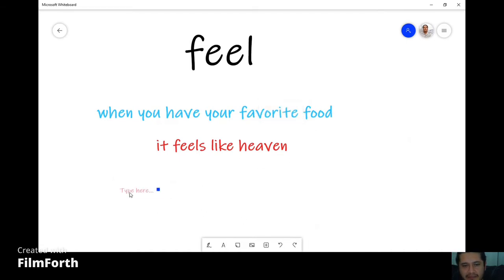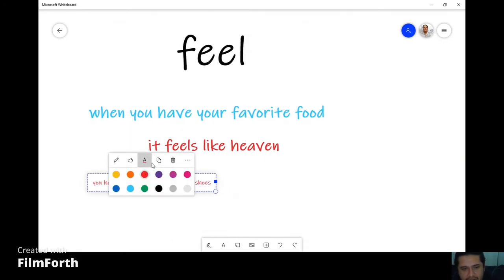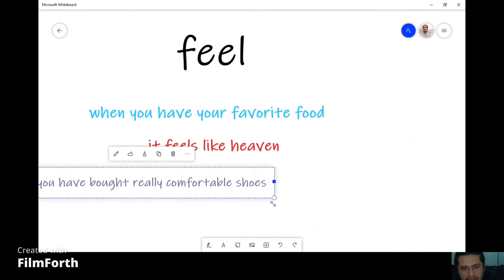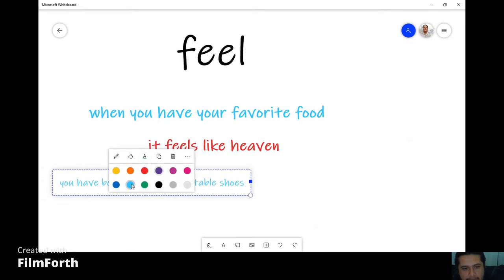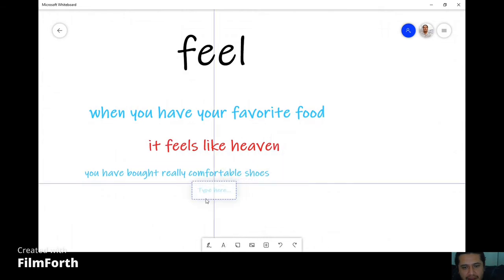Or let's imagine another situation. Let's imagine that you have bought really comfortable shoes. You have bought really comfortable shoes. Picture the situation. So you can make a comparison like this.